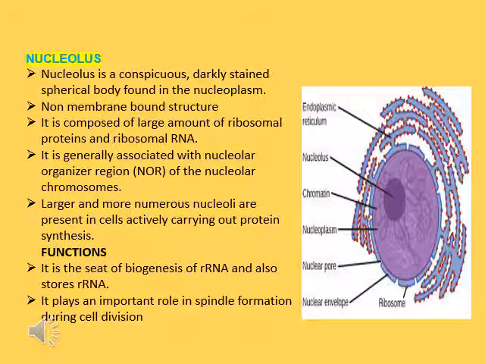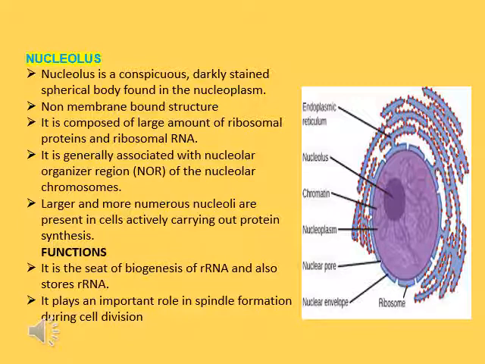It is generally associated with the nucleolar organizer region, or NOR, of the nucleolar chromosomes. Means जो chromosomes specially एक portion है जहाँ से nucleolus का formation takes place. Larger and more numerous nucleoli are present in cells actively carrying out protein synthesis.